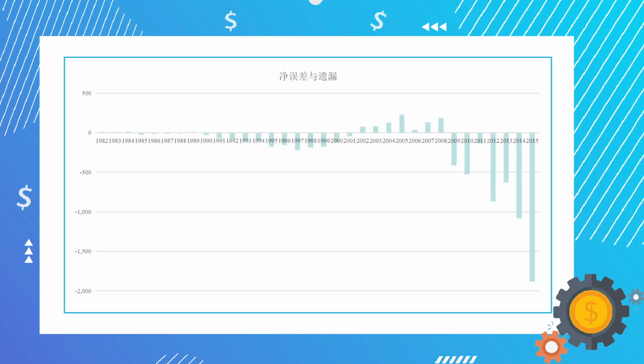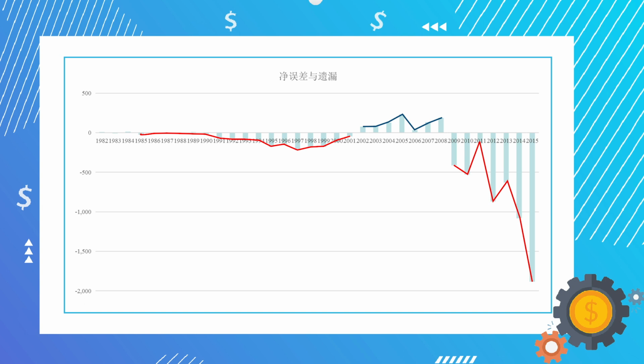Usually, during a period, the net errors and omissions should appear on both sides, with even magnitude and frequency because of statistical mistakes.